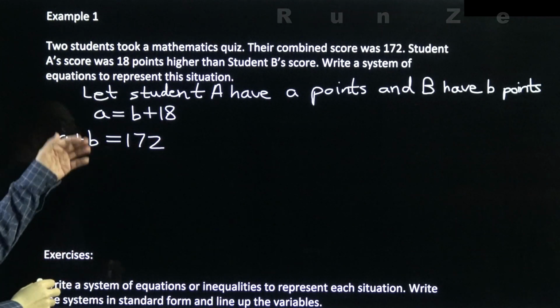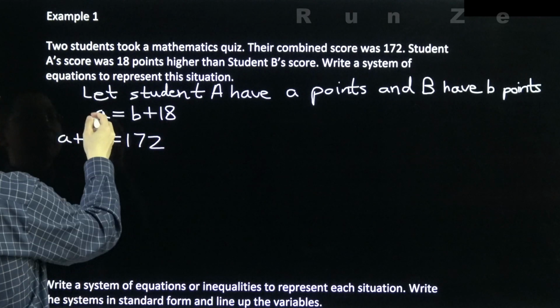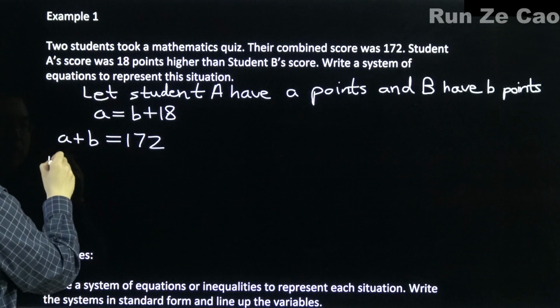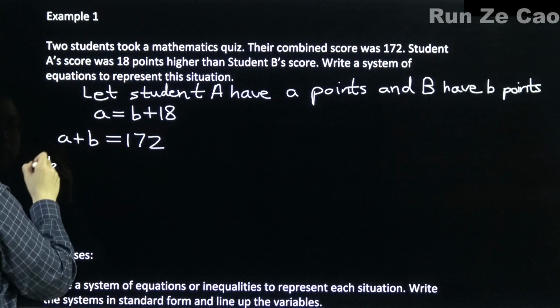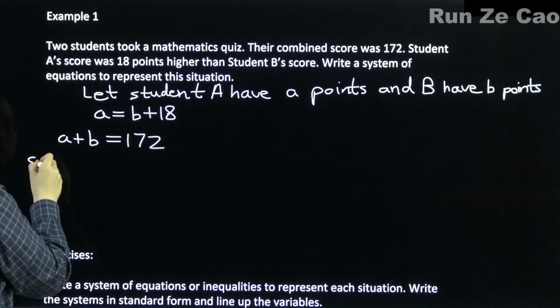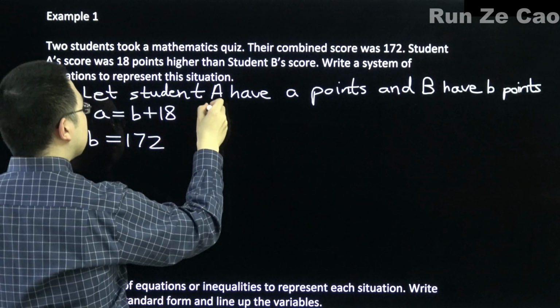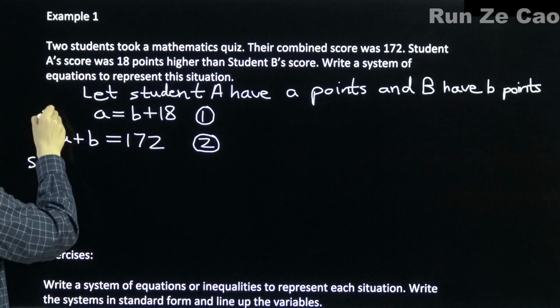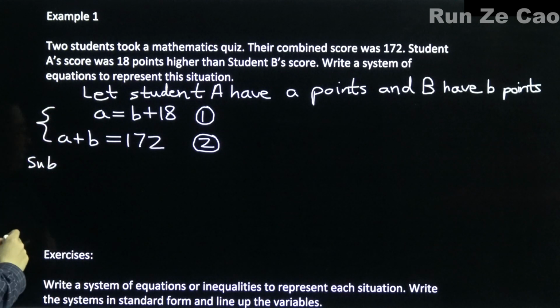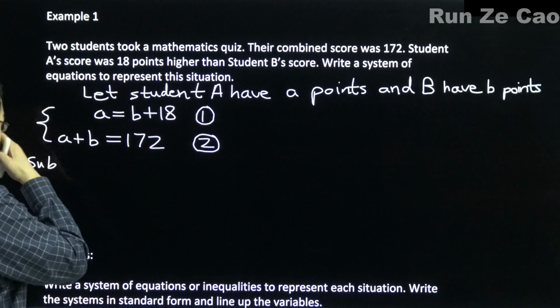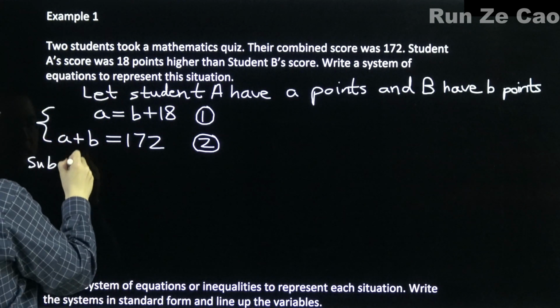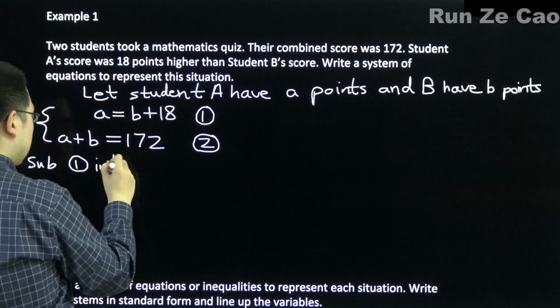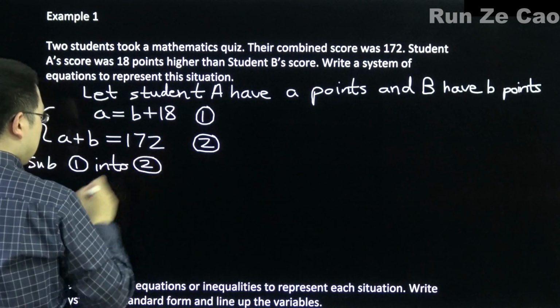If we wanted to solve this system, we would name this equation 1 and this equation 2, and usually we would use a brace bracket to signify that they are the same system of equations. And we would say sub 1 into 2.